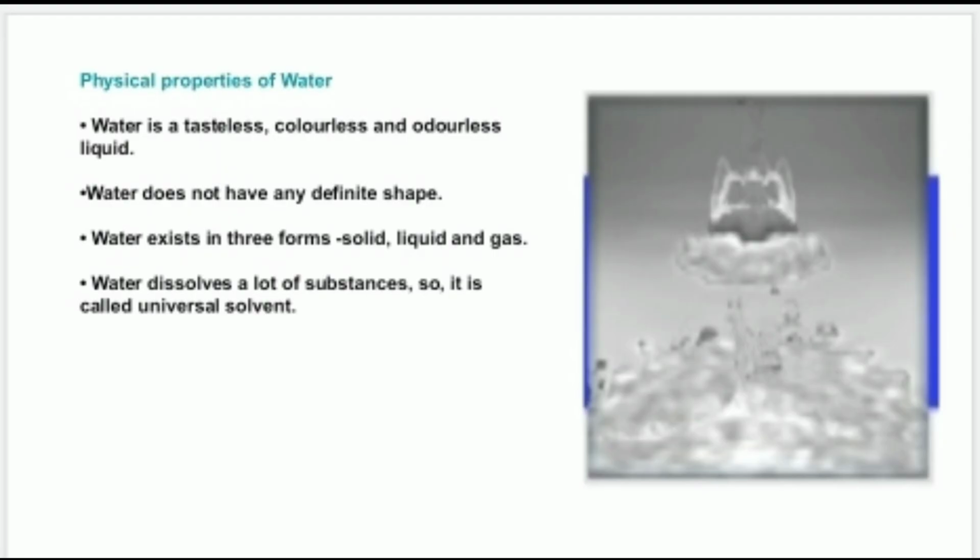Physical properties of water. Water is a tasteless, colorless, and odorless liquid. It does not have any definite shape, but it takes the shape of the container. Water exists in three forms: solid as ice, snow, liquid as water, and gas as steam or water vapor.